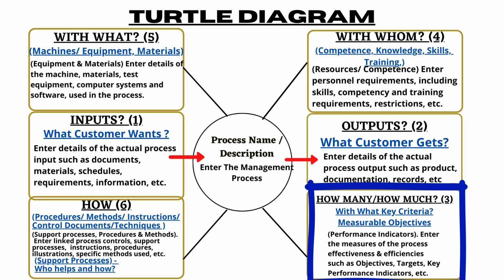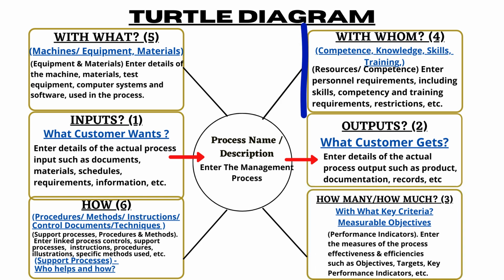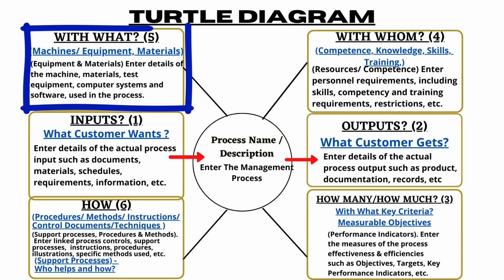The next element is with whom. This element is for resources and competence. Interpersonal requirements including skills, competence and training requirements, restrictions, etc. at this element. With what is the next element? It is the equipment and devices. You have to enter machines, test inspection, software, hardware, material handling requirements, etc. in this element.